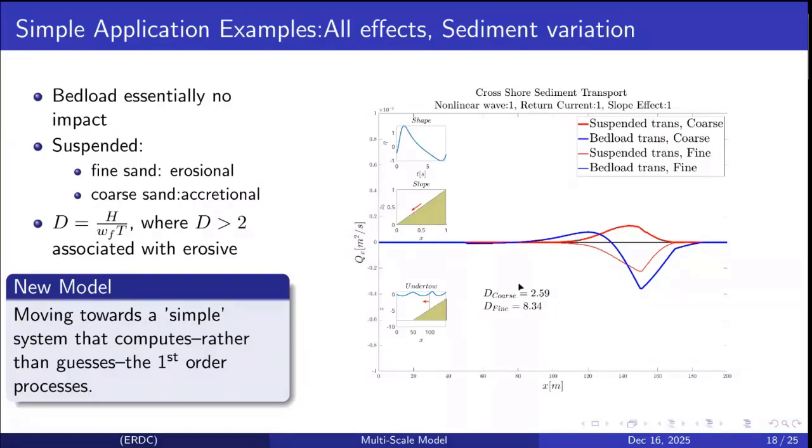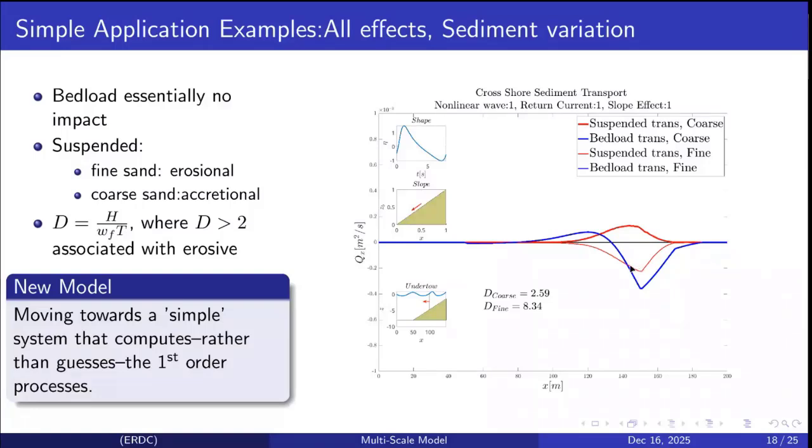And in this case, we have a Dean number for the coarse sand that's about 2.6. So it's not exactly 2, but the trend is right, correct? You have a Dean number for the fine sand that's equal to 8, and so that would be clearly erosive. And what you see here is another demonstration where you have a clearly erosive case with the fine sand.